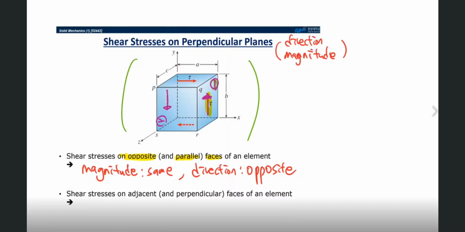Alright, now let's consider the shear stress on phase 3. So here I'd like to highlight, this is phase 3. In this case, the shear stress on adjacent faces, which means the perpendicularly located faces, of an element are equal in magnitude, right? So the magnitude should be equal, and the direction such that both stresses point toward the line of intersection of the faces.